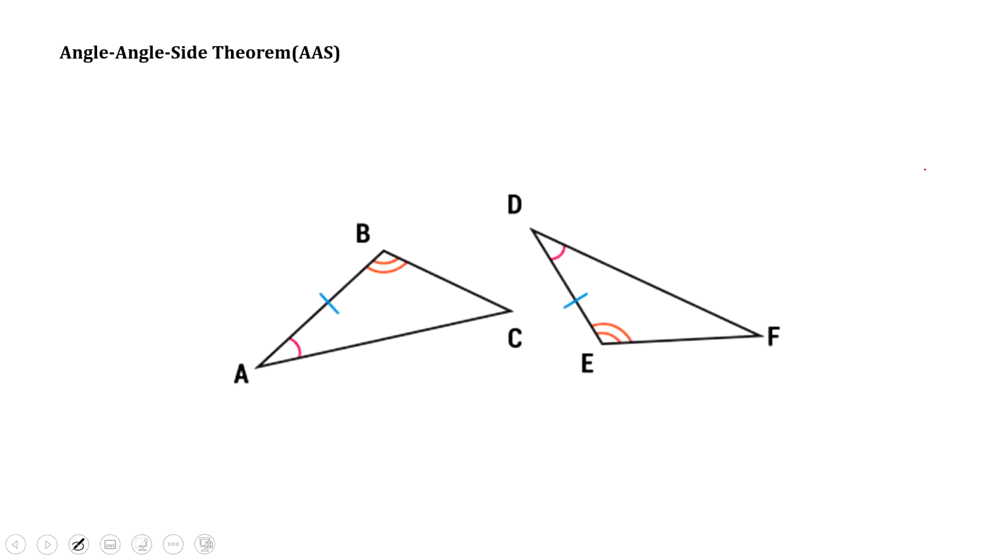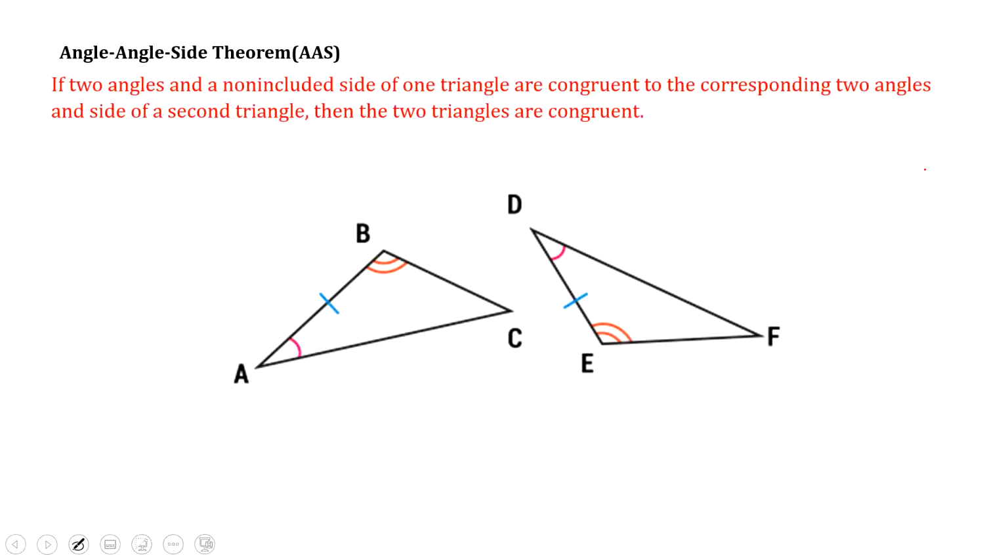Okay, last theorem, angle angle side, sorry. Here they're telling us if there are two angles and a non-included side, so now we're not talking about the side between the two angles, we're talking about one of the two other sides in each triangle. If those are all congruent, then again, we can say that the two triangles are congruent.